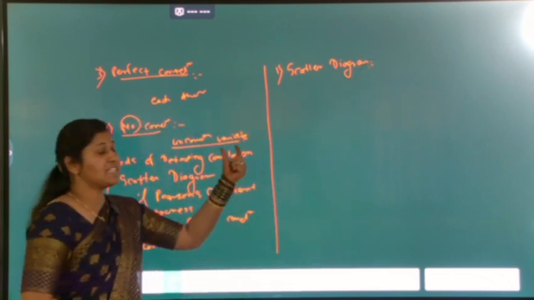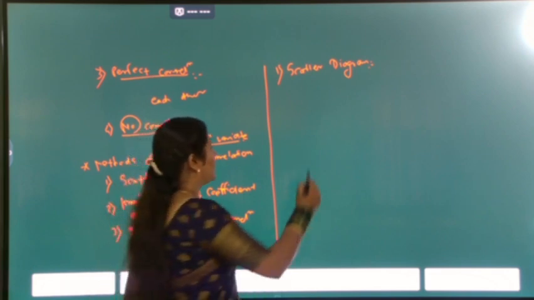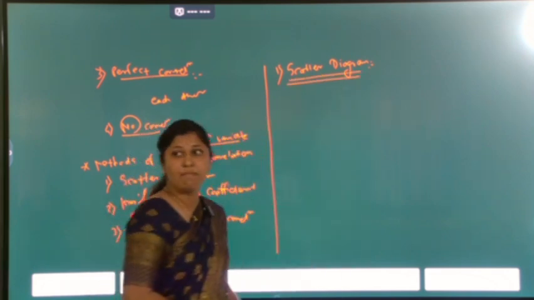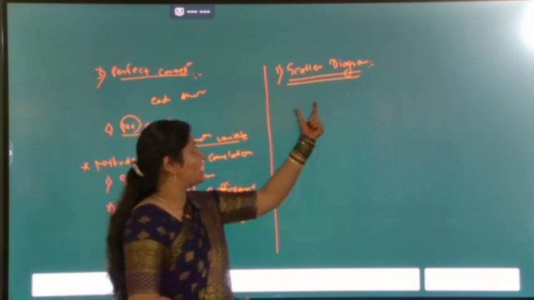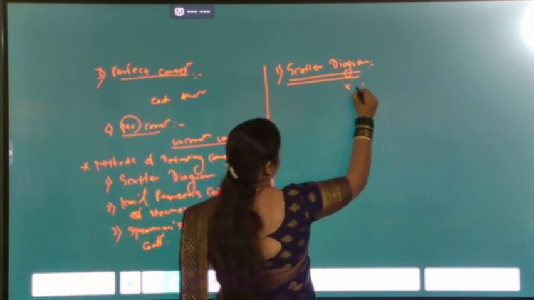Scatter diagram is a simple representation of the nature of correlation. It can be used for diagrammatic representation of bivariate data. For scatter diagram, we consider two axes for variables x and y.